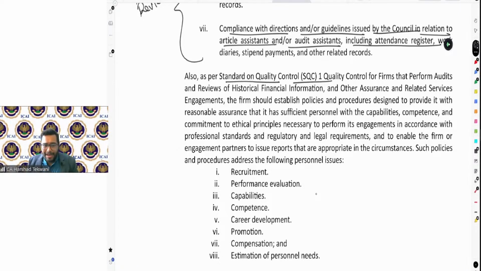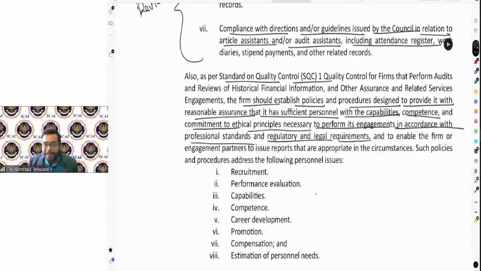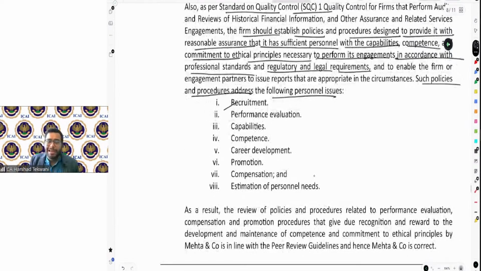In that particular standard, there is a requirement that firms should establish policies and procedures designed to provide it with reasonable assurance that it has sufficient personnel with the capabilities, competency, and commitment to the ethical principles necessary to perform its engagements in accordance with the professional standards and regulatory and legal requirements. Such policies and procedures address the following personnel issues: recruitment, performance, capabilities, competency, career development, promotion, compensation, estimation.